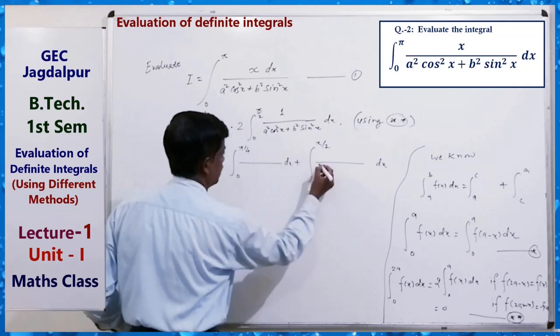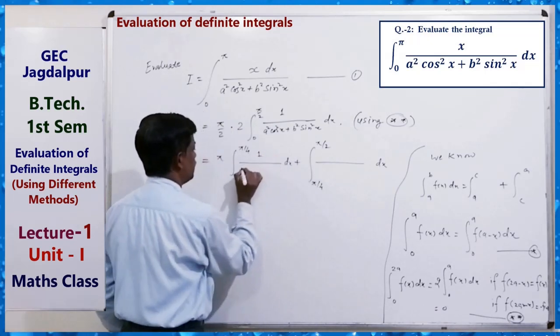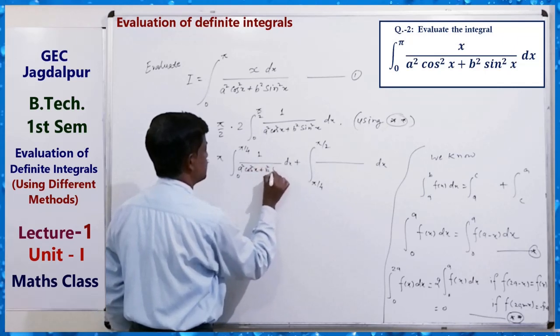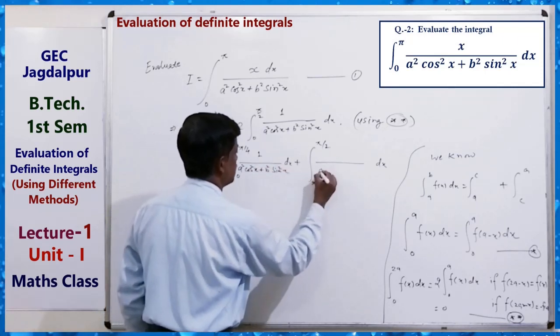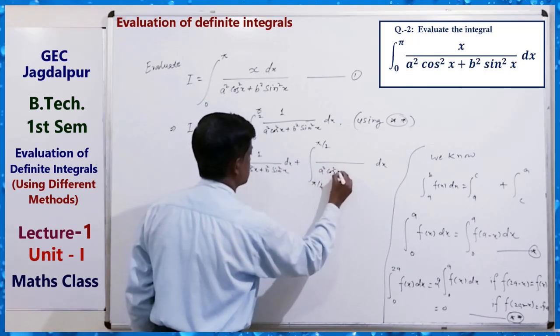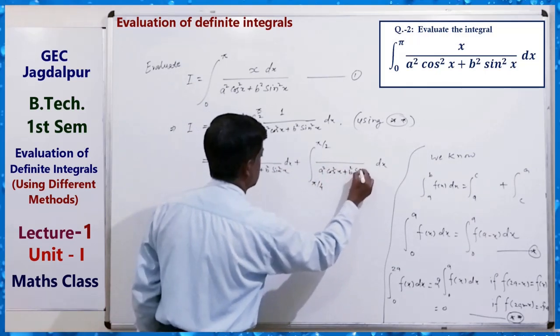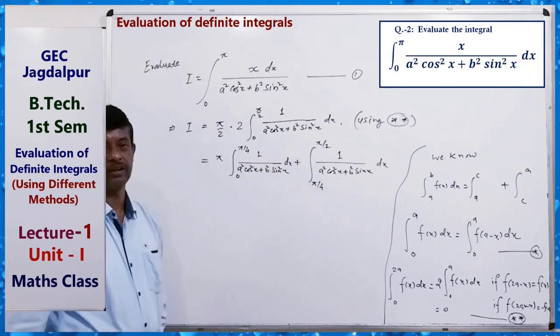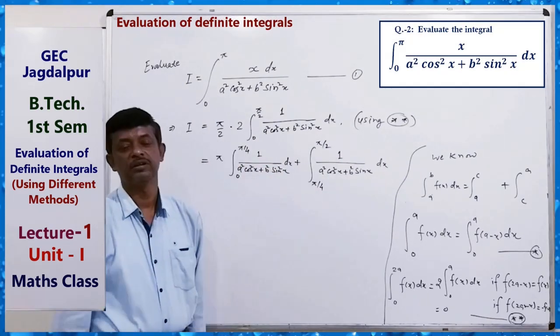Now here, 1 upon a square cos square x plus b square sin square x. Just by using this property, break 0 to pi by 2 at the in-between number pi by 4.